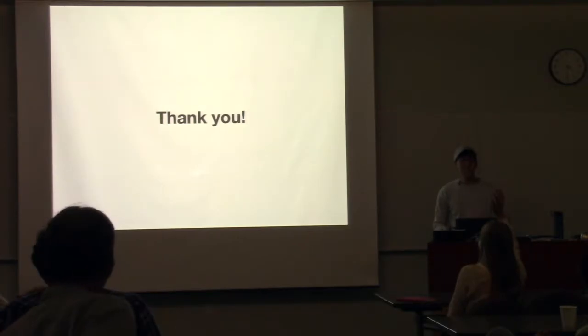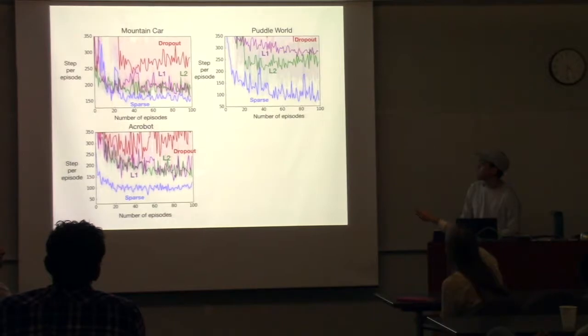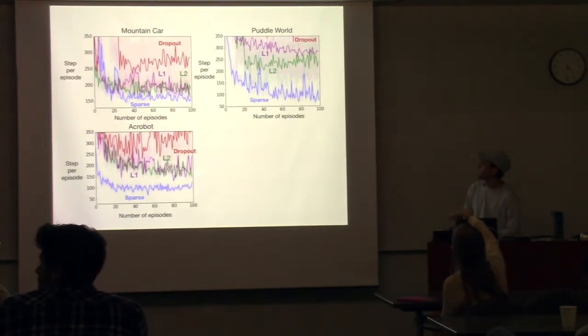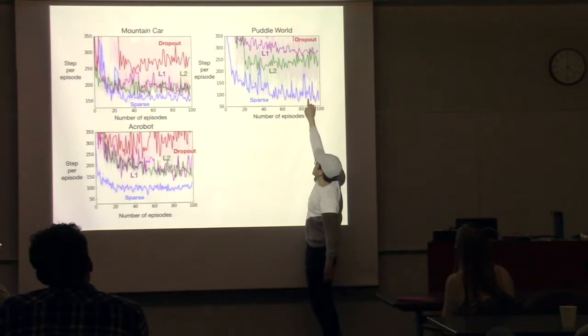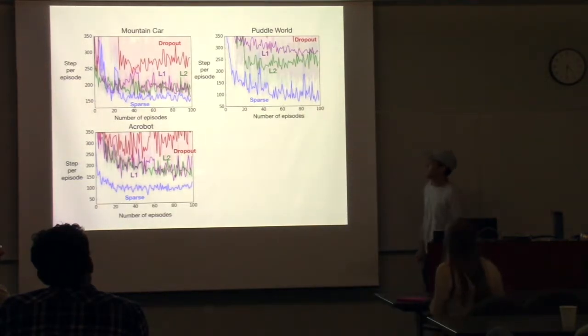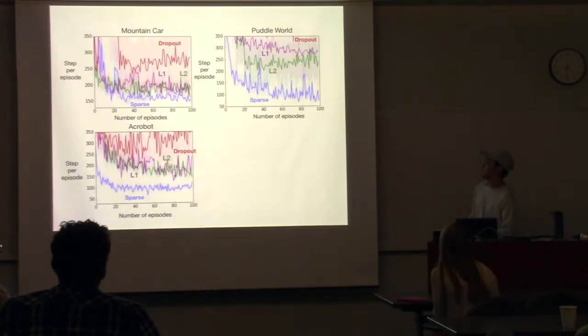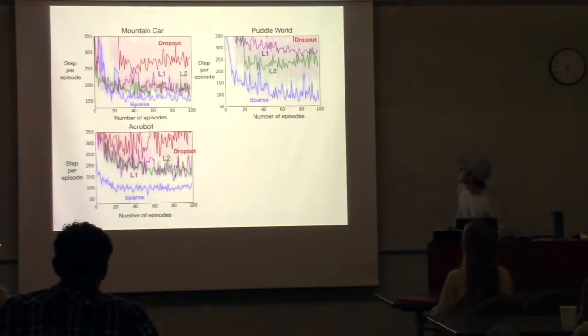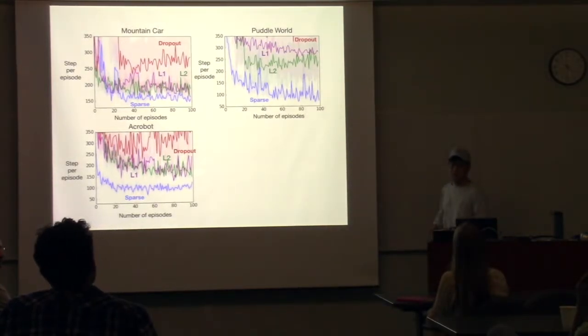I have questions, actually. On the results you have, those 10 runs you said, there's a pretty regular pattern in Puddle World across the 10 runs. I'm not sure what my question is, I'm just surprised. I think maybe they are not at exact values.